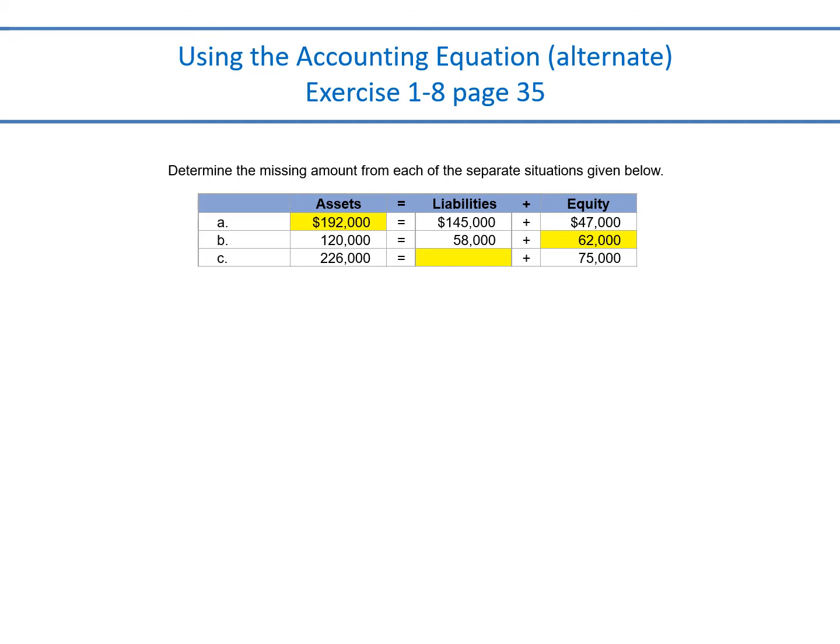In part C, assets are $226,000, liabilities are unknown, and equity is $75,000. And so $75,000 plus what number gets you to $226,000? That's $151,000.